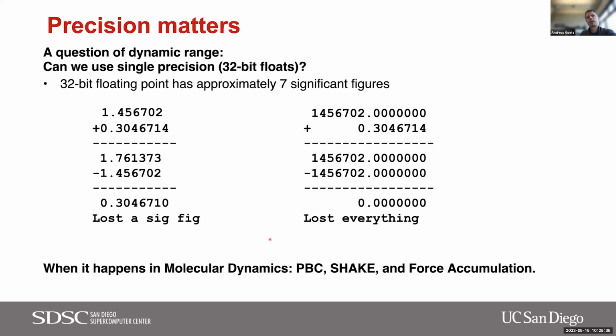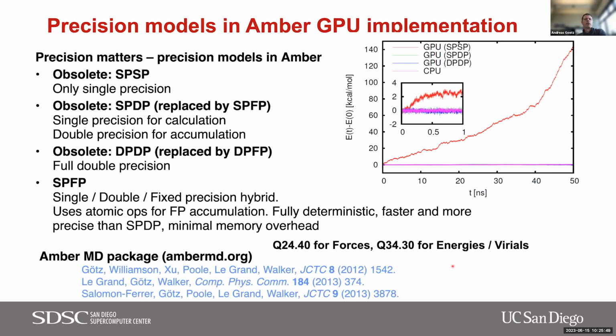That's a problem with molecular dynamics, and it happens in many of the different algorithms that we use, under periodic boundary conditions, SHAKE algorithms, and force accumulations in particular. So what you need to do in this case is make sure that the accuracy is maintained. There's a lot of information here, but let me just tell you about SPFP.